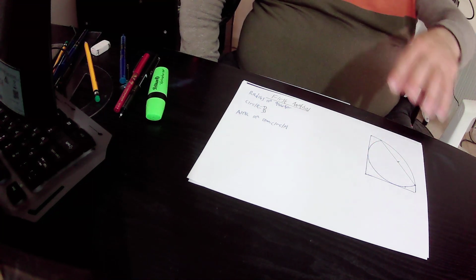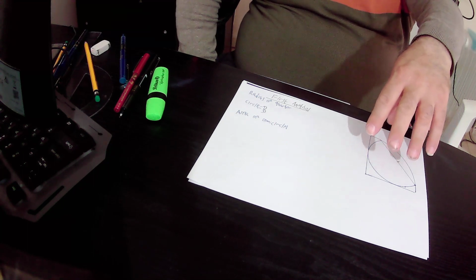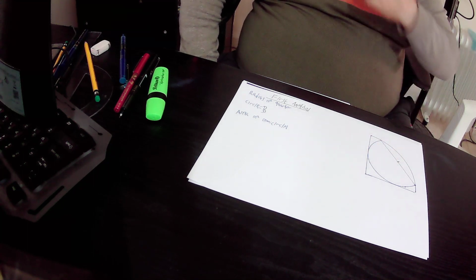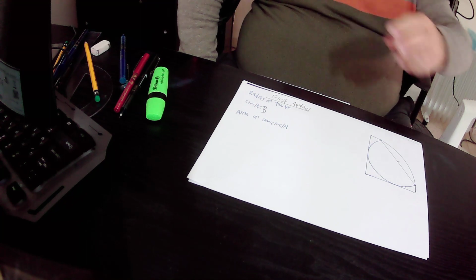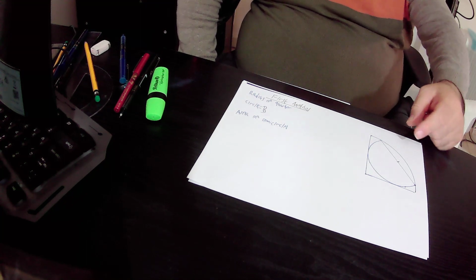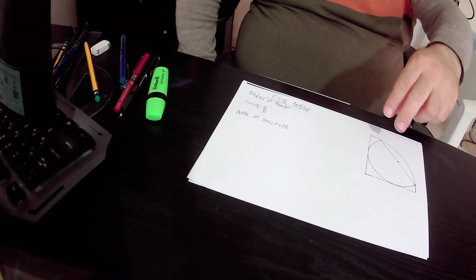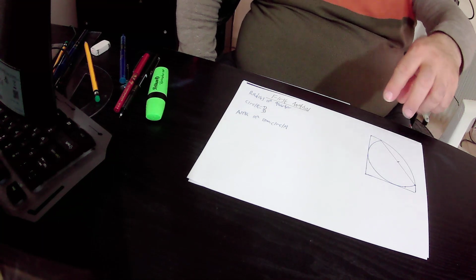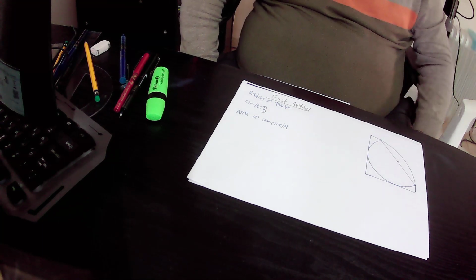We know that the radius of this quarter circle is equal to 3 units, and we want to find out the area of the semicircle that is inscribed by this quarter circle.